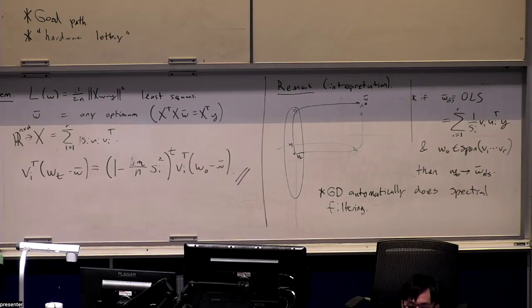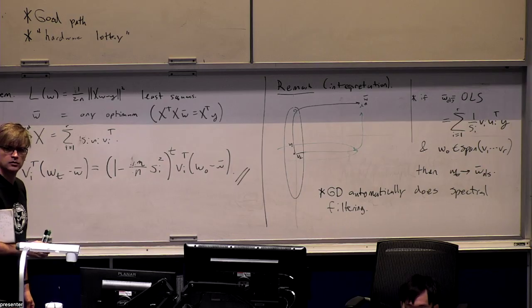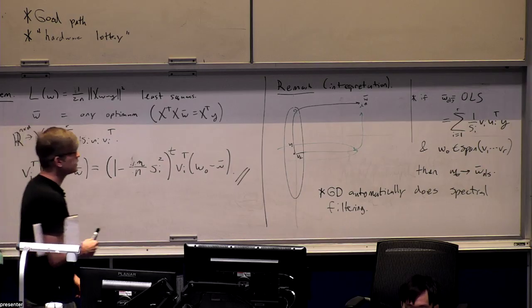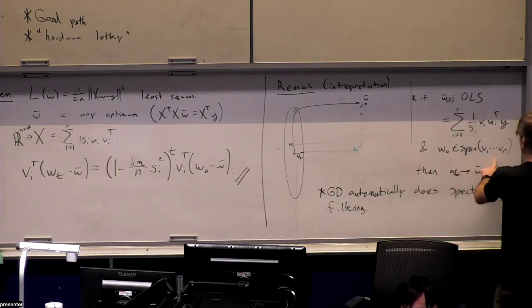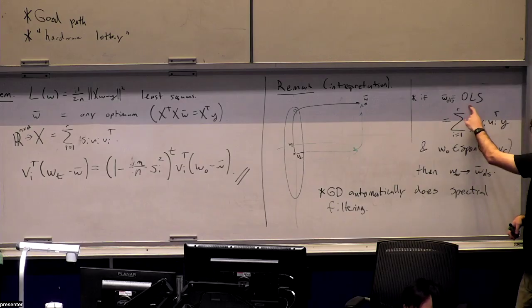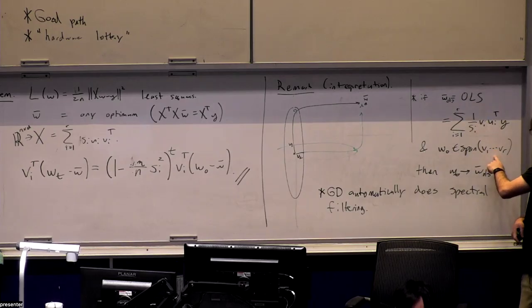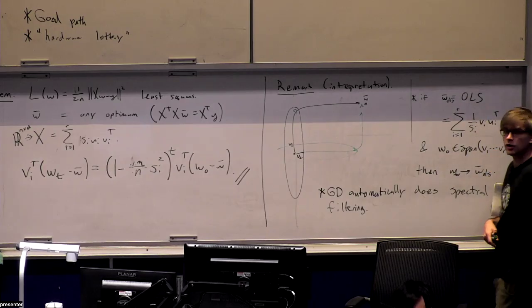No, it converges. If you initialize in the span, first of all, you will converge to the ordinary least squares solution. And if you're not in the span, you're going to converge to the ordinary least squares solution plus your component that was orthogonal to the span, with equality.